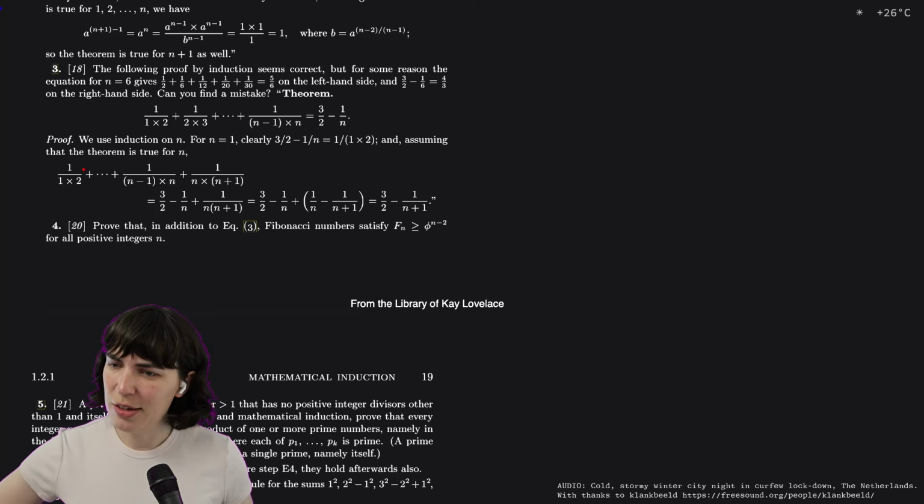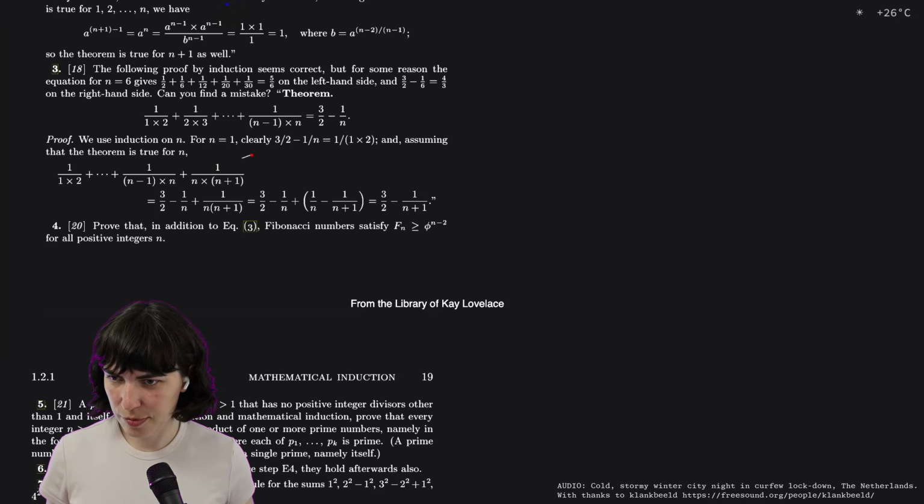So he takes the formula for n and he adds this to both sides. We've got that here too.